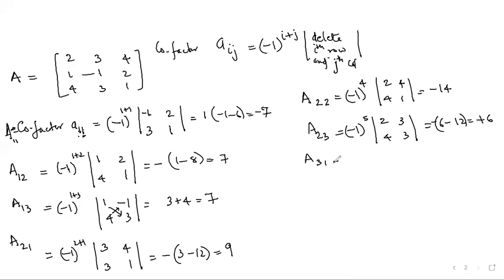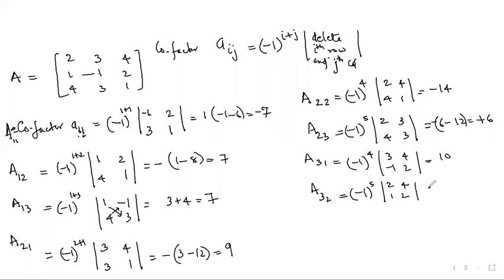Then A31. Delete this row, this column. So this is 3, 4, minus 1, 2. 6 plus 4, 10. A32, minus 1 raised to 5. 2, 4, 1, 2. 4 minus 4, 0.